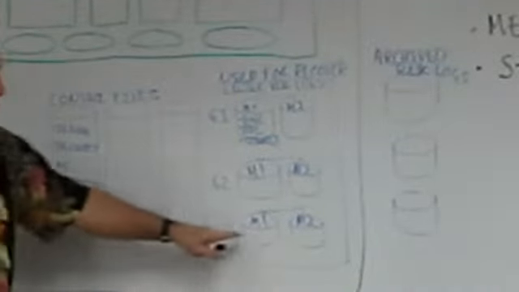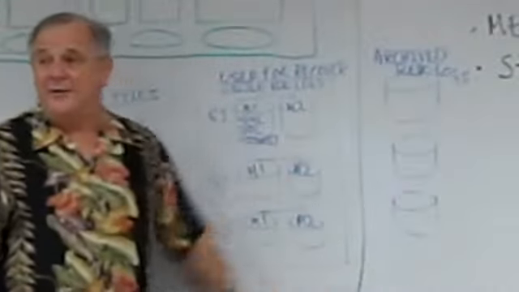But if you're running in archive log mode, that will never happen. You'll never switch to this group until it has been archived. If it hasn't been archived, if there's a problem, if this directory over here is full, your database will hang. And we'll talk about that later as well.